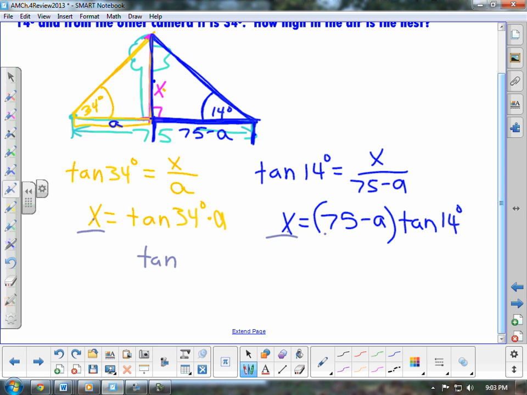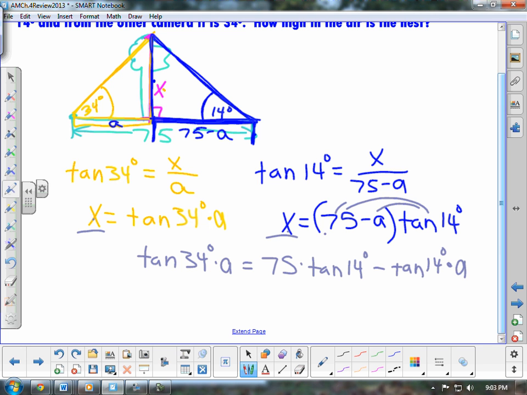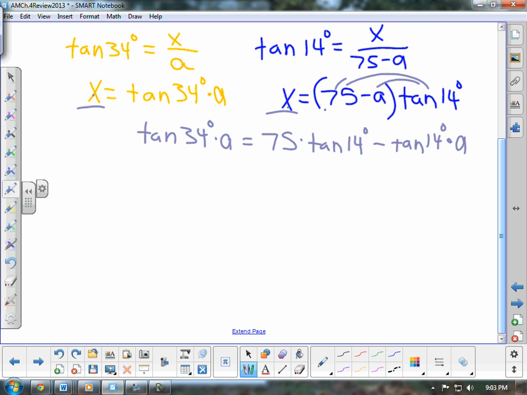So tangent 34 times a equals, and this you can distribute, 75 times tangent of 14 minus tangent of 14 times a. Now, understanding that the tangent of 34 and the tangent of 14 are just numbers, and 75 times tangent of 14 is just a number as well.